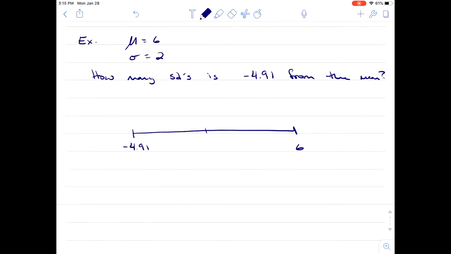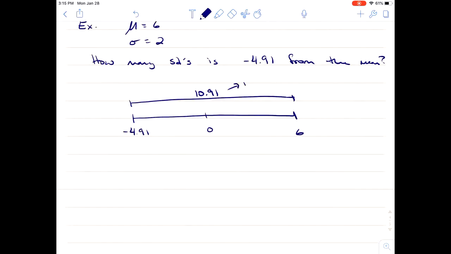So at some point we have to remember we've crossed 0, and so this distance is actually 10.91. This distance is the amount that we want to divide by the standard deviation. How many times can I fit a standard deviation of 2 into 10.91?